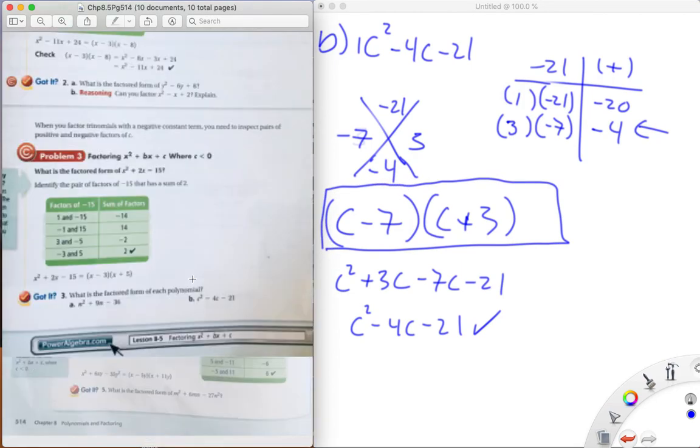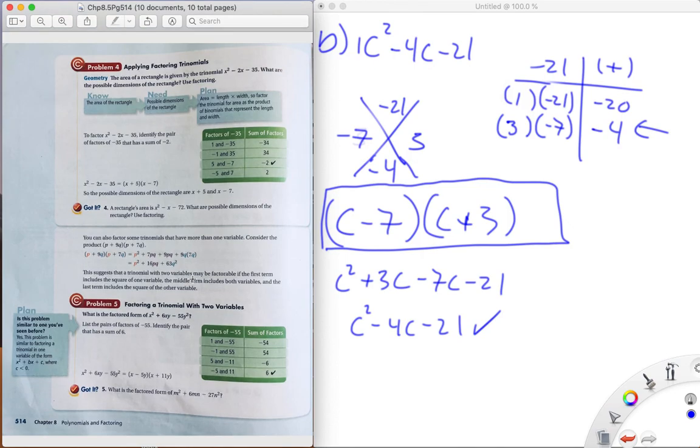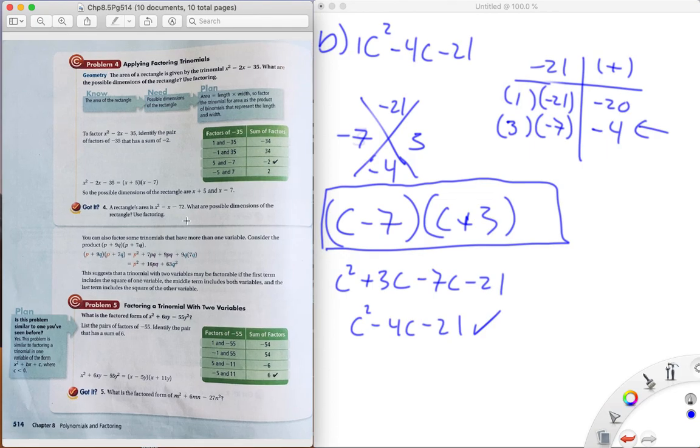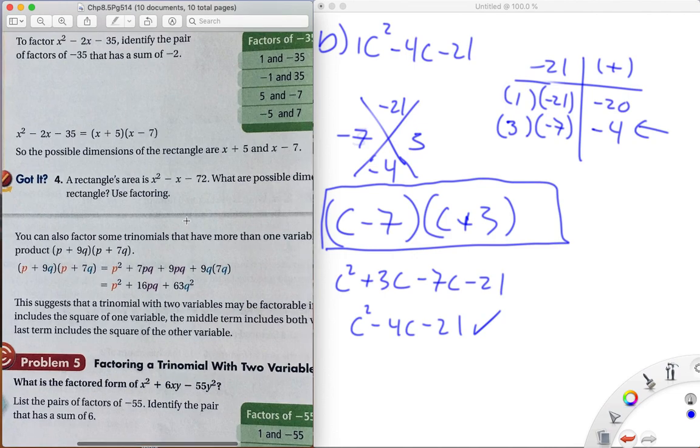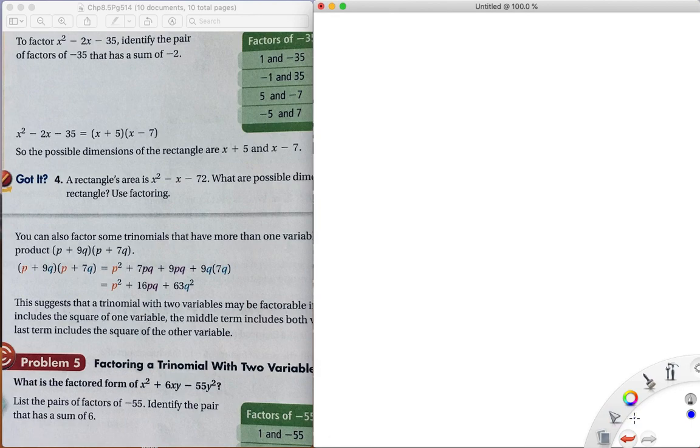Okay. So 4, it's sort of more of the same. It's another example of doing the same thing. So no problem with that. So 4, we have x squared minus x minus 72.